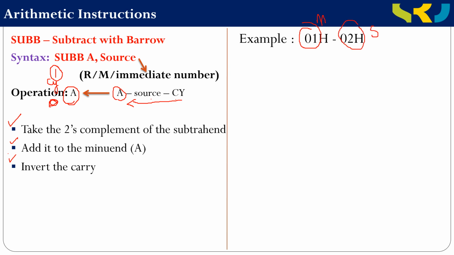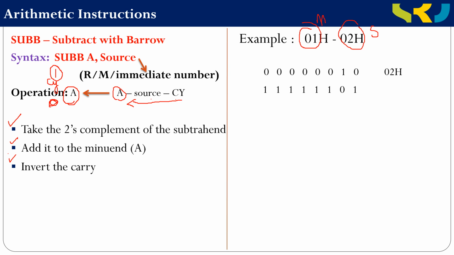So first we need to take the 2's complement of the subtrahend. To get the 2's complement of the subtrahend, first we need to represent 2 in binary format. After that, we need to take the 1's complement of that number. The 1's complement is simply inverting each bit of the 02.